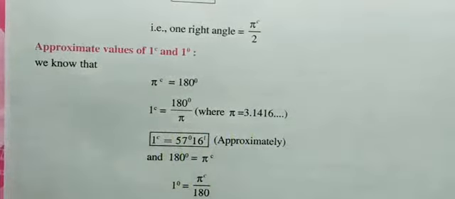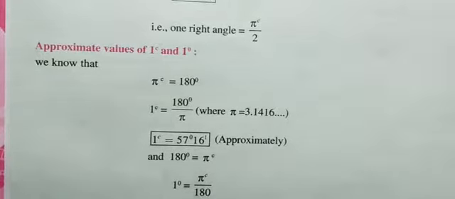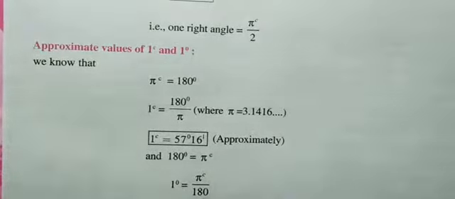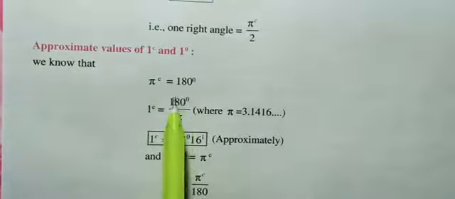Now since pi radian is equal to 180 degree, so we can say that pi radian is equal to 180 degree.